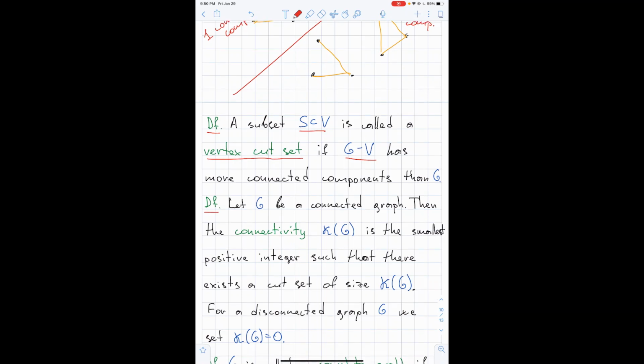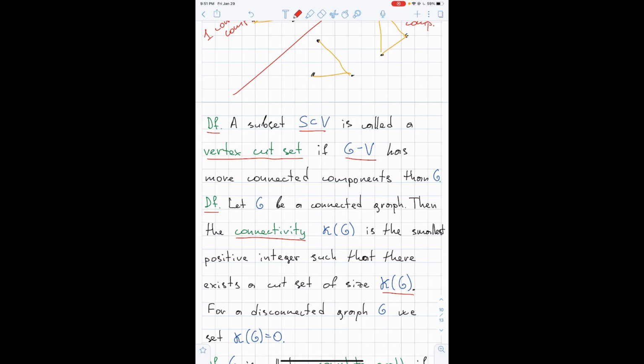The next definition is the connectivity of a graph. Basically it's the smallest positive integer such that there exists a cut set of that size.